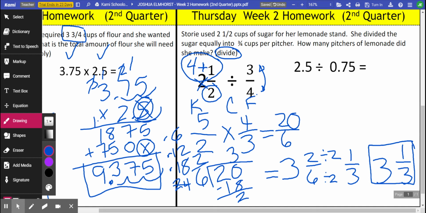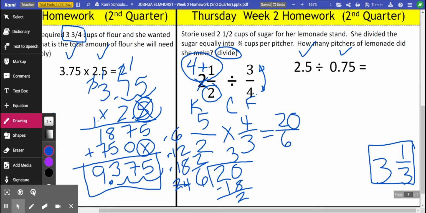Okay, so now let's take a look at this dividing using decimals. 2.5 divided by 0.75. So 2 1/2 is 2.5, 3/4 is 0.75. So if we use this process, instead of using fractions, we use decimals. Well, since we're dividing by 75/100ths, we need to move this over to make a whole number, but then we're going to move this one over 2 spots to match with the whole number process.